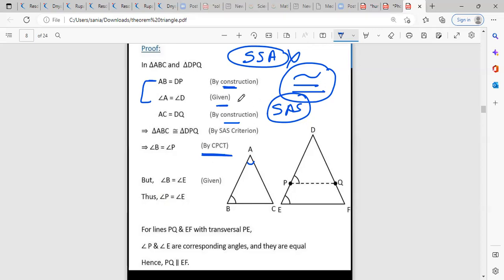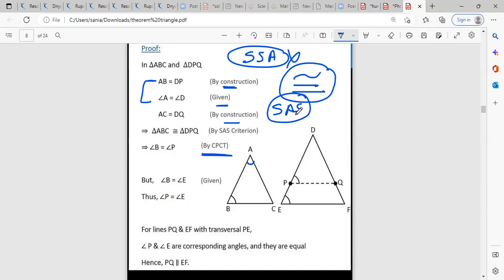My doubt was, here we proved that AB is equal to DP and AC is equal to DQ. If we were not taking angle A equal to angle D, we just took in the question angle B equal to angle P, so we cannot prove it by SAS, right? No, in that case also it will be side angle and side.